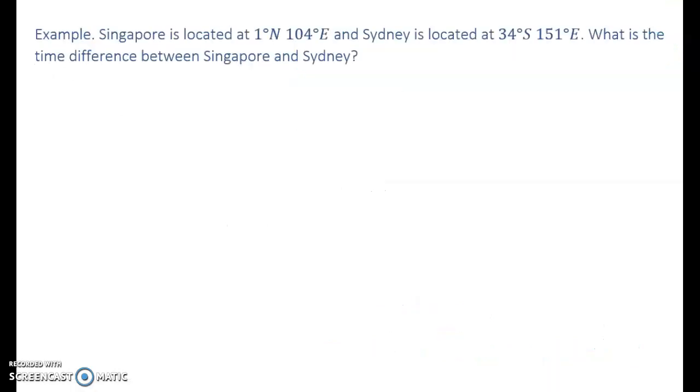All right, here's an example. Singapore is 1 degree north, 104 degrees east, and Sydney 34 degrees south and 151 degrees east. Again, we don't care about the north-south. We're just going to focus on the east and west. Now, they're both east, so we're going to subtract. 151 minus 104 is 47 degrees.